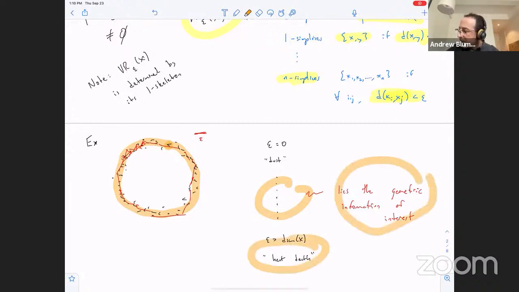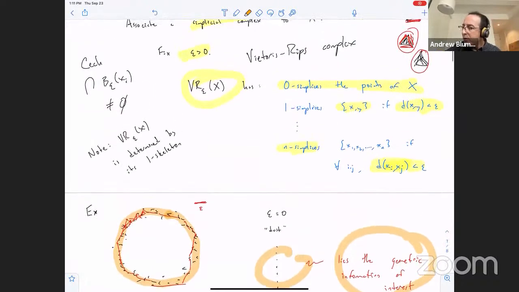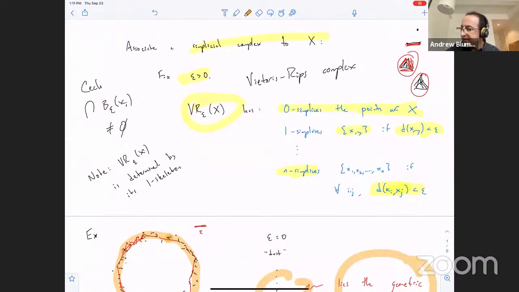But somewhere in the middle, if you knew how to pick epsilon just right, and you sampled densely, then you would hope, and you can prove, that you can in fact recover at least the homotopy type of the circle from this.